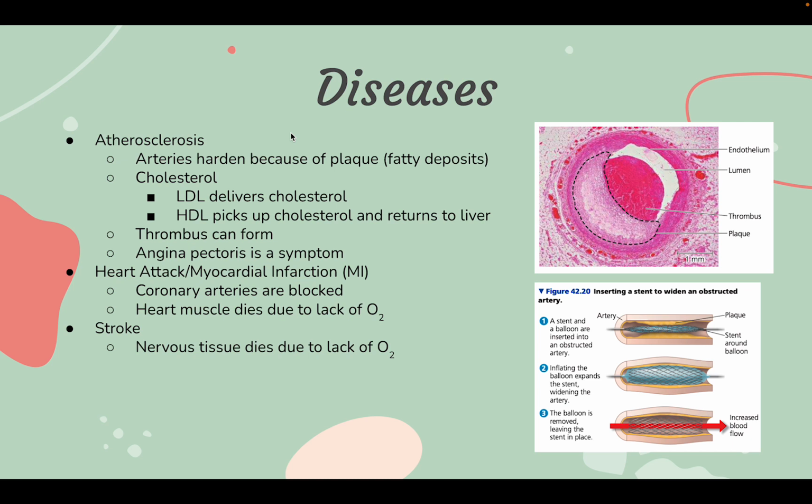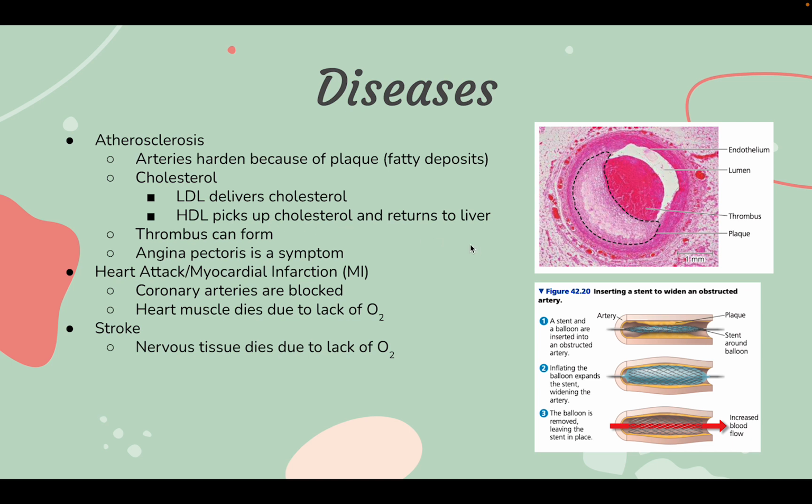So essentially, this has a lot to do with cholesterol. There's two types of cholesterol that we need to know here. There's LDL, low density lipoprotein, and HDL, which is high density lipoprotein. These are cholesterol carrying proteins. LDL delivers cholesterol, HDL picks up cholesterol and returns it to the liver.